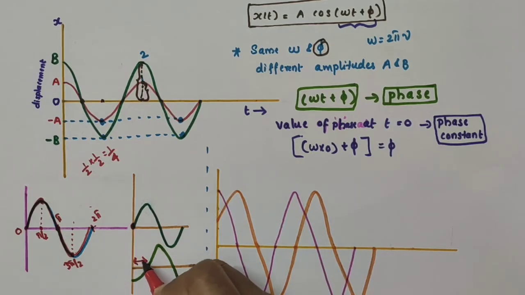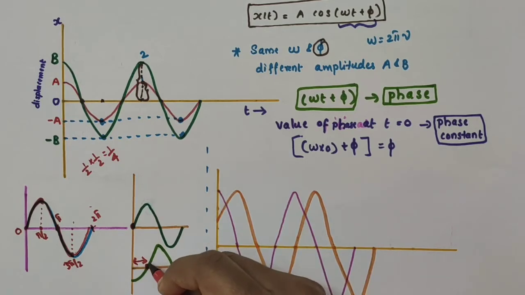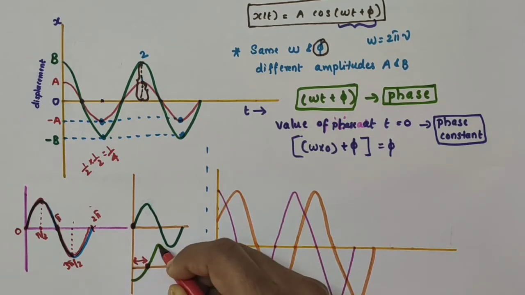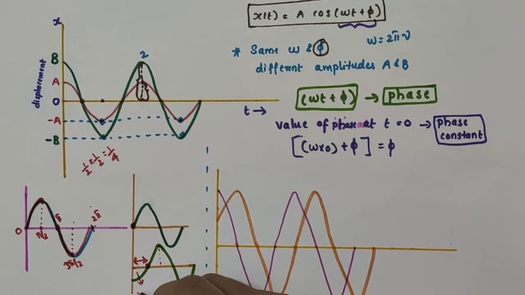This is not a half of the wave; from here to here is the half of the wave. So here we have only half of this half, that is, only 1 by 4th of the wave. There is a difference of this much between these two waves, so this part is 1 by 4th of a full wave.